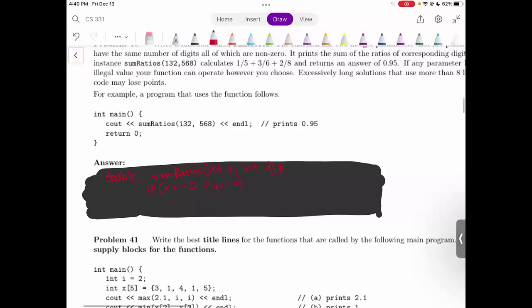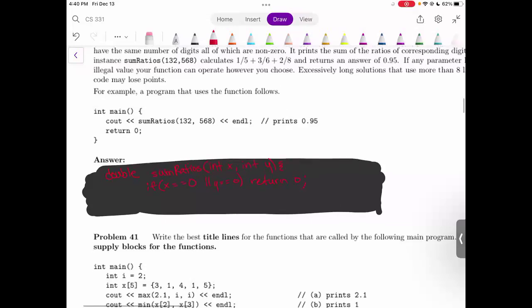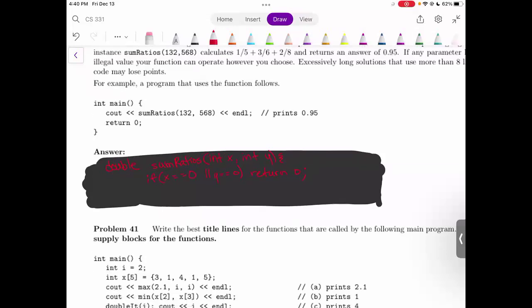If one of them equals 0, then just return 0, I guess. You can choose it however you want. But if not, then what you want to do is return the sum of their ratios, right? The first one divided by the second one.